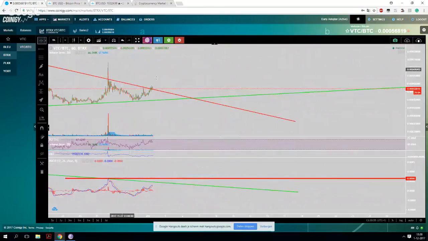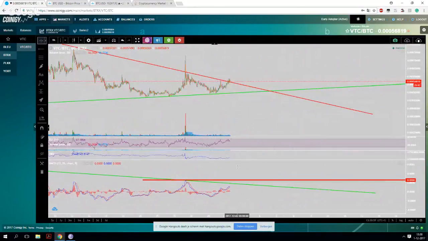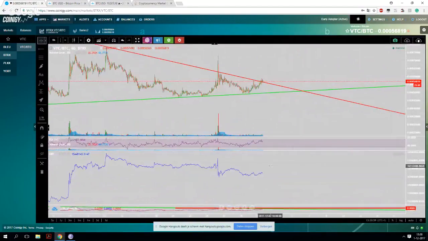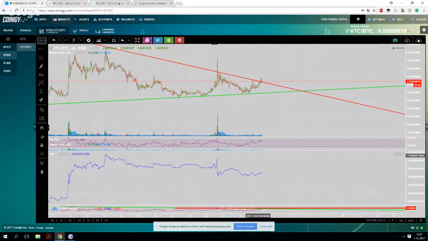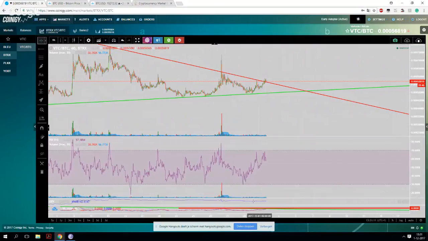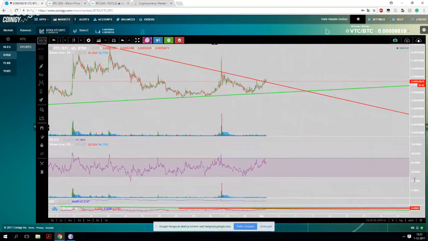You can see here, last time it was a fake out as well. The unbalanced volume is still relatively stable. In order to go up, we need a lot of buying volume, which isn't there right now. And also the RSI. Let's see. Yeah, I don't think this is going to be a large breakout.